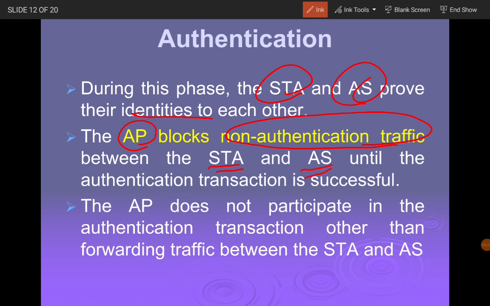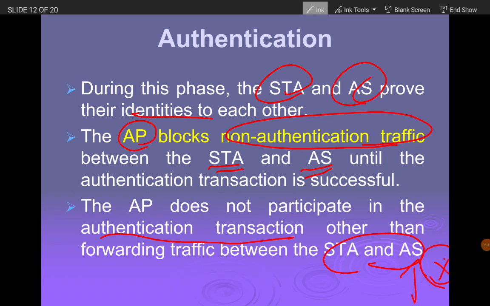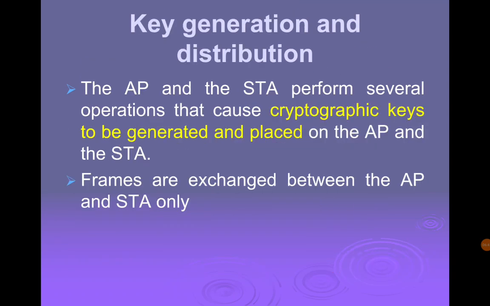Once the authentication is successful, it allows the packets to transfer. The access point does not participate in the authentication transaction; it just forwards the traffic between the station and the authentication server. The authentication server is responsible for doing the authentication.